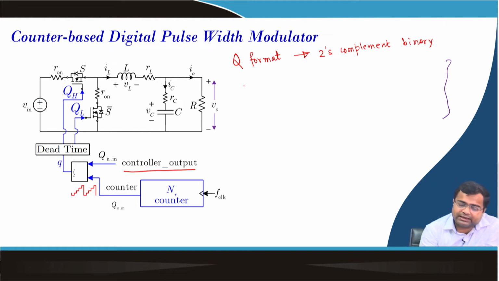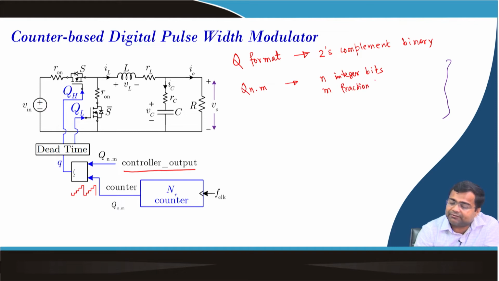When you say Qn.m, that means we have n integer bits and m fraction bits.